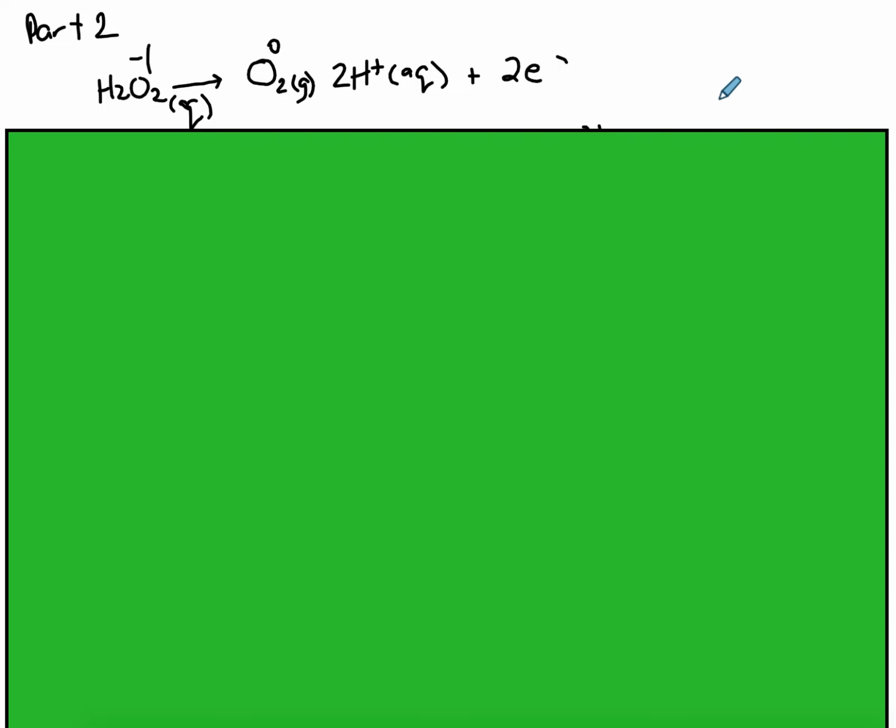This is the balanced half reaction for the reduction of hydrogen peroxide to oxygen.